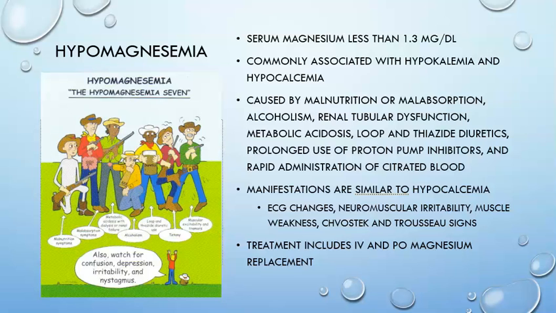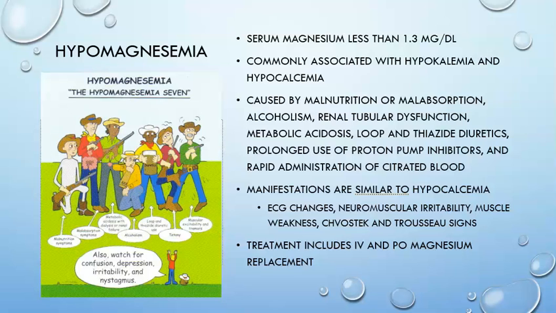Hypomagnesemia, so when our serum magnesium level is less than 1.3. You will likely see hypomagnesemia if they are hypokalemic and hypocalcemic. Malnutrition or malabsorption, so these are your failure to thrive patients, cancer patients, patients who just don't have a good health status.